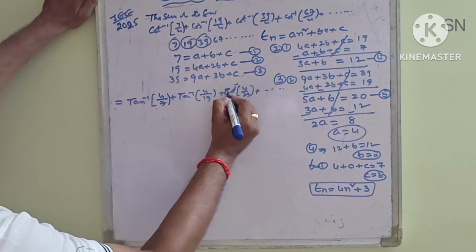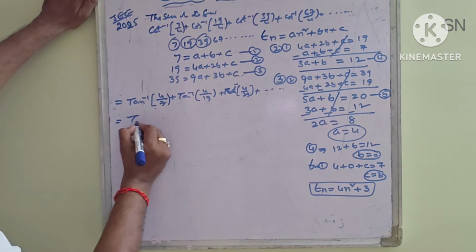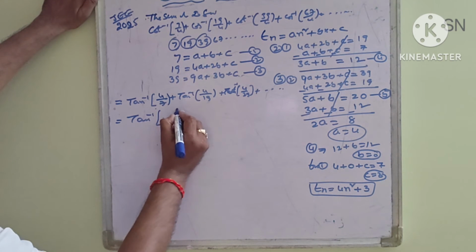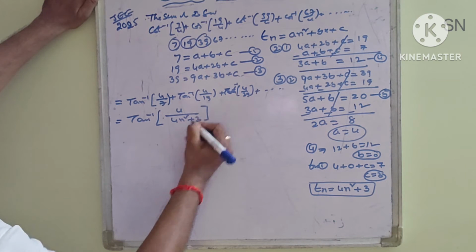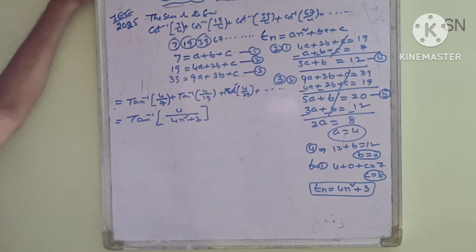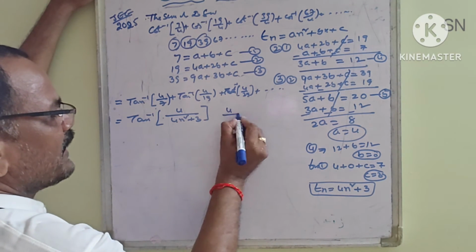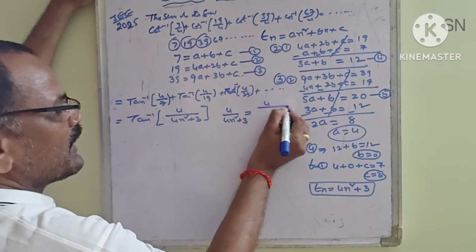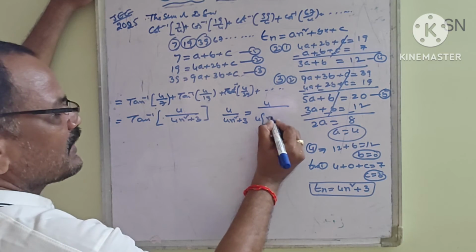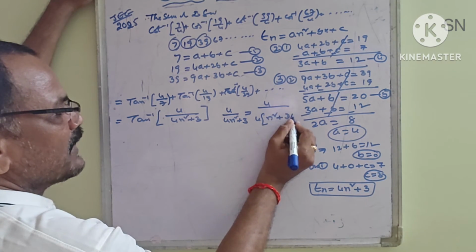So here the nth term is tan inverse of 4 by 4n square plus 3. Here 4 by 4n square plus 3 means 4 by 4, common, n square plus 3 by 4.